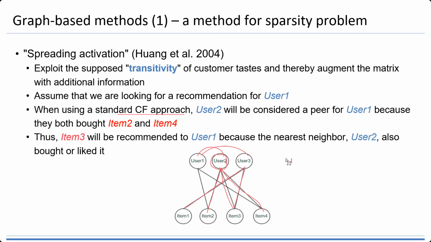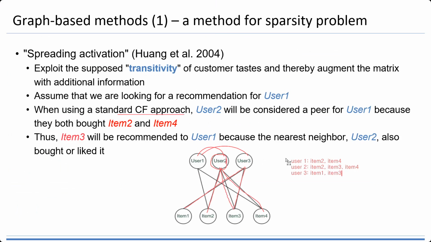Let's see again. User 1 bought item 1, item 2 and item 4. User 2 bought item 2, item 3 and item 4. Meanwhile, user 3 bought item 1 and item 3.